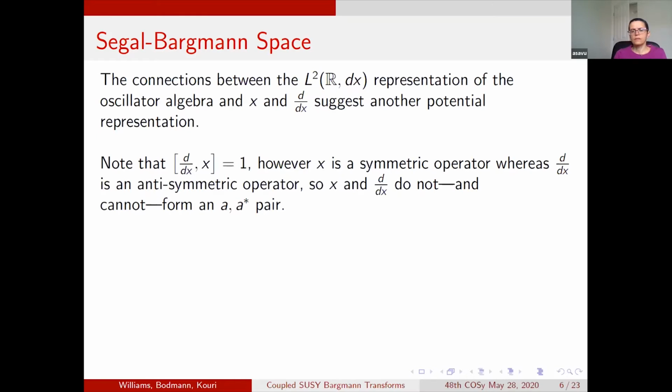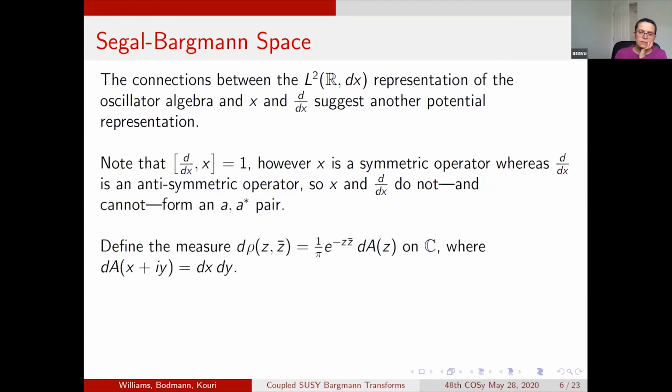So how can you rescue this? Well, the obvious answer in hindsight is to go to the complex plane. Because on the complex plane, z is not a symmetric operator because z and z bar are in general different. So define the measure d rho to be 1 over pi e to the negative Gaussian times the area measure.